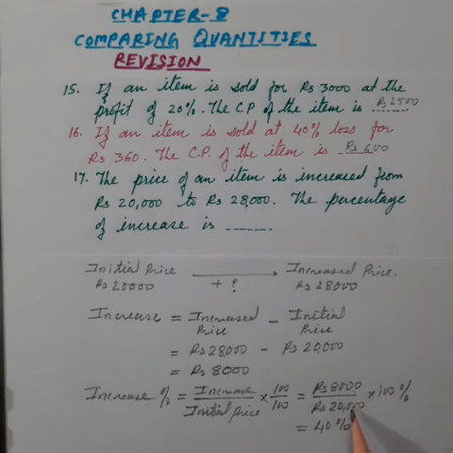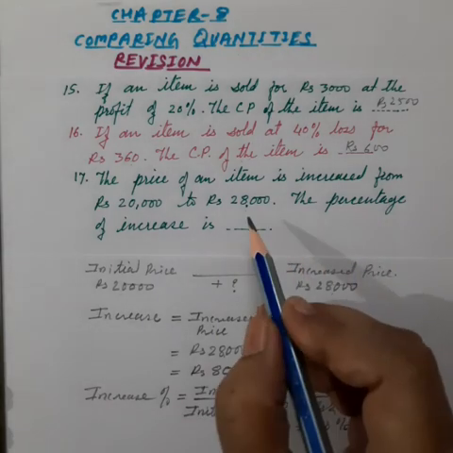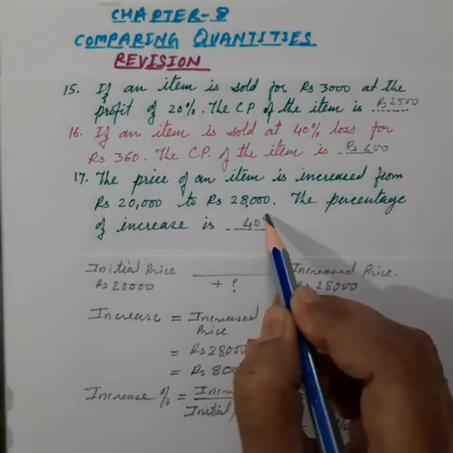Divide both numerator and denominator by 10,000. So 4 zeros from the denominator will cancel with 4 zeros in numerator. And 2 ones are 2 and 2 40s are 80. So we get here 40%. The percentage of increase is 40%.